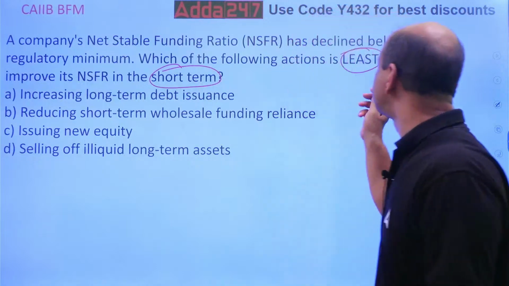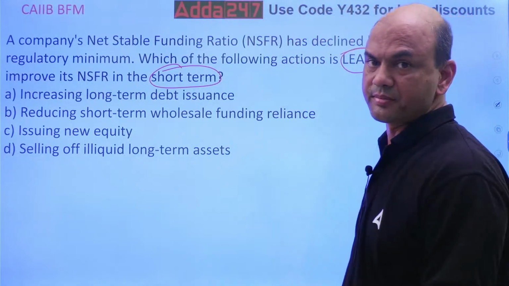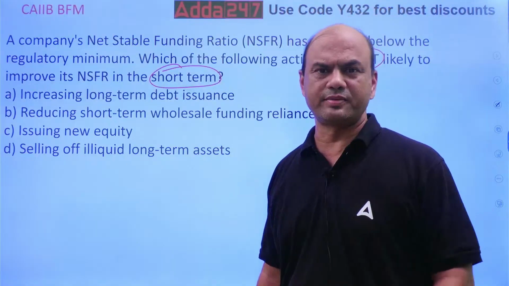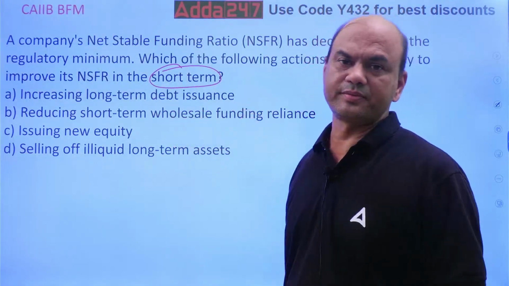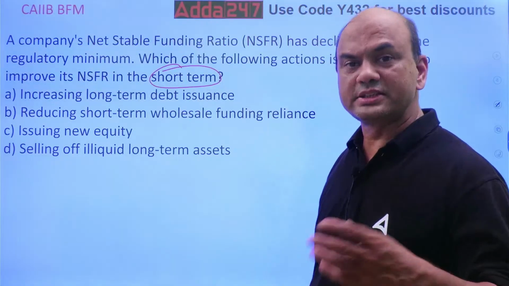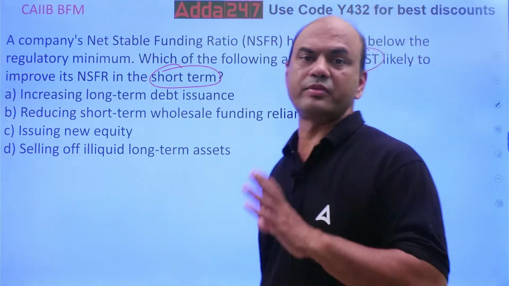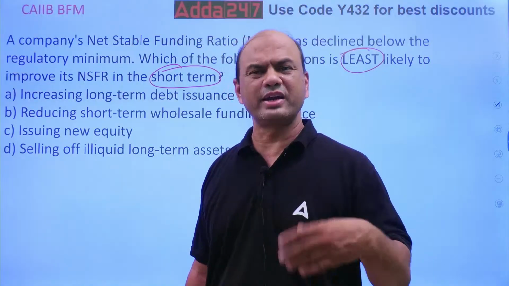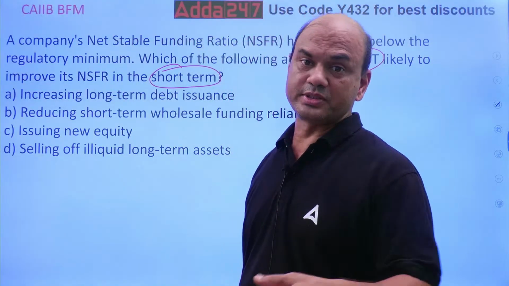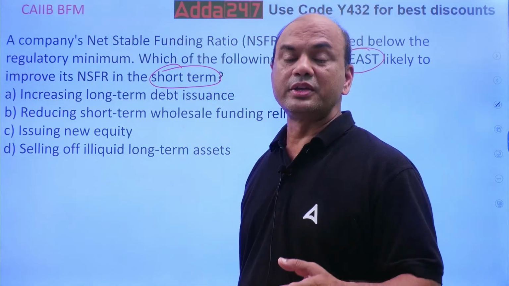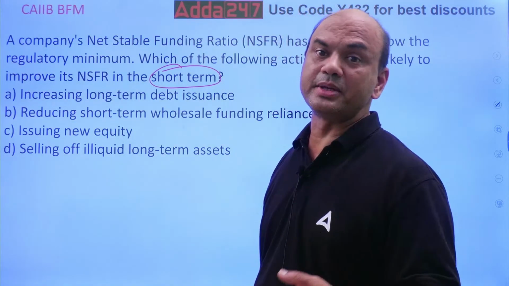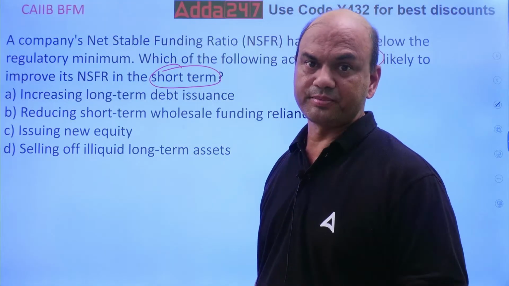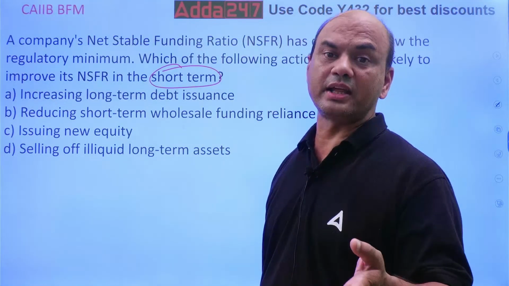It is least likely. Means it will have least effect on it. Debt issuance means I am basically giving the bonds. Okay, I am giving the bonds and taking loans from others.